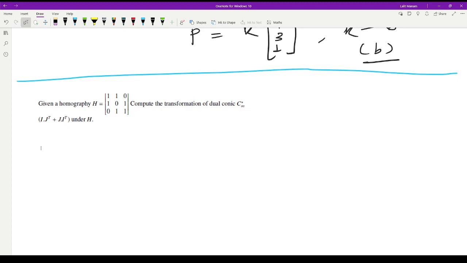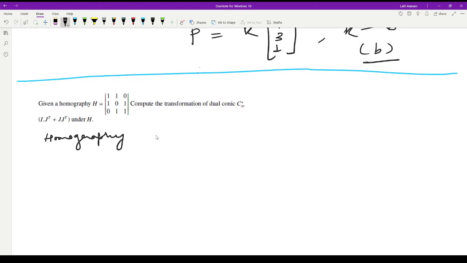Hmm. It's projective space. Is it? Yes, no? So we are talking about the projective space here, right? So what is homography? It's a projective transformation.